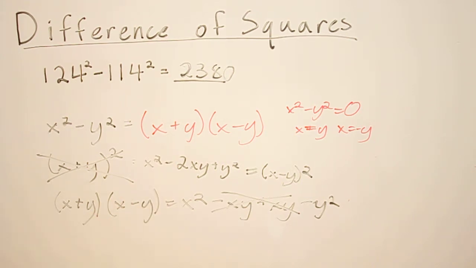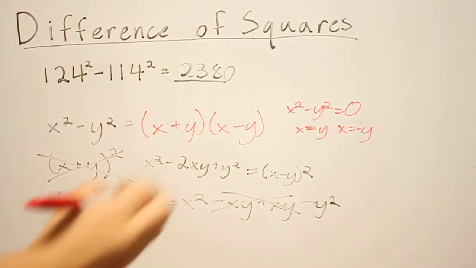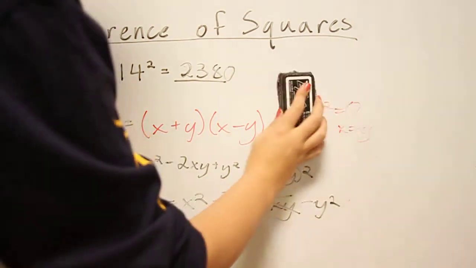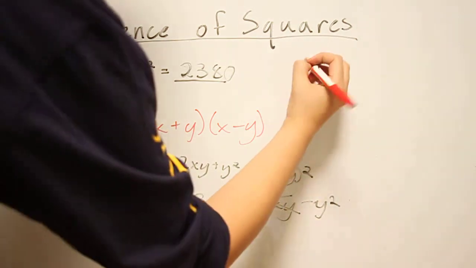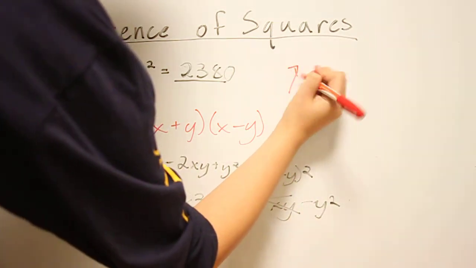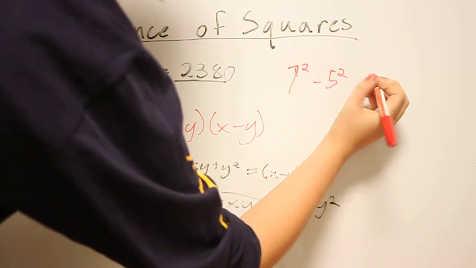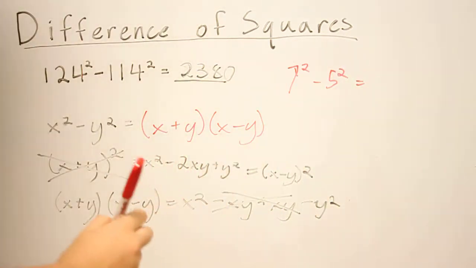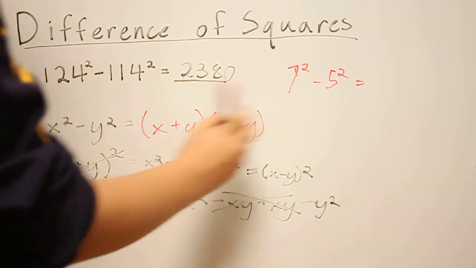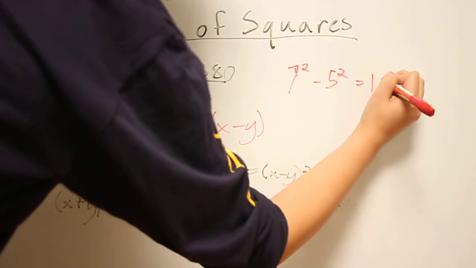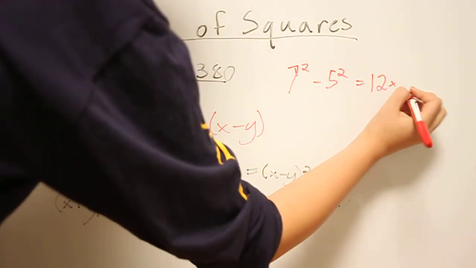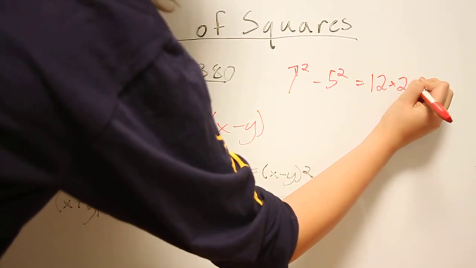So let's do a simpler example than this to make sure that this works. So say we have 7 squared minus 5 squared. By difference of squares, we need to find 7 plus 5, which is 12, times 7 minus 5, which is 2.